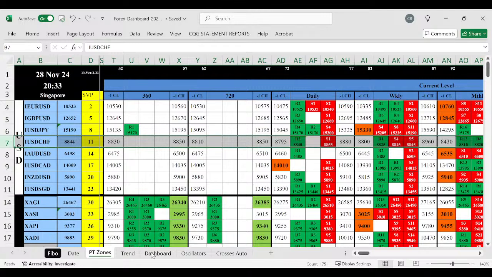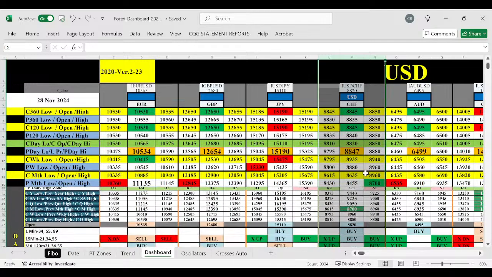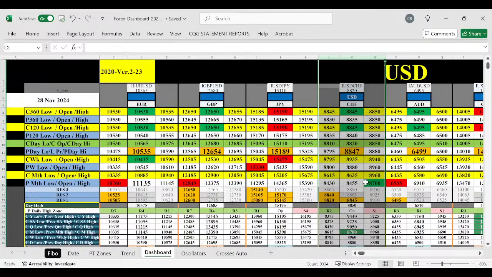Now let's go on to dollar Swiss. Right now this is trading at 88.45, and we should be looking to sell at 88.65 or 88.70.